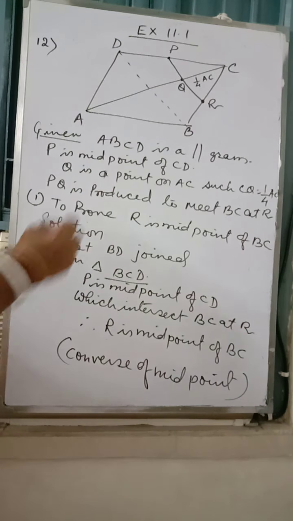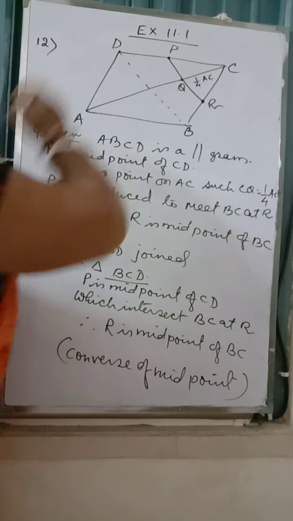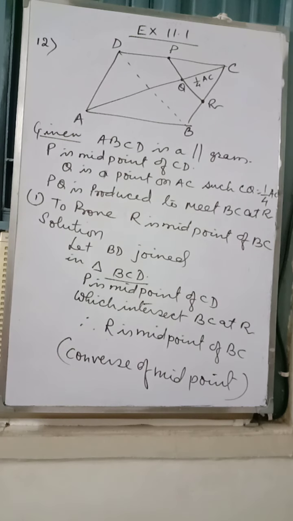I have learned the rule, a line drawn from a midpoint bisects the third side, is it?